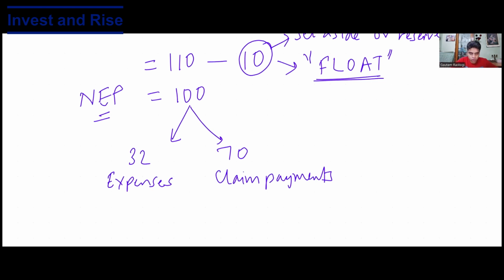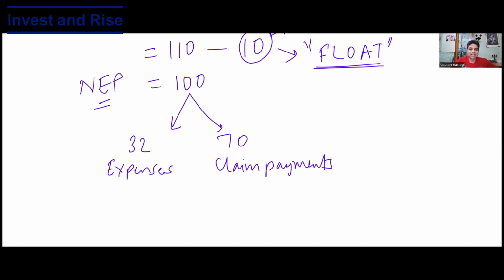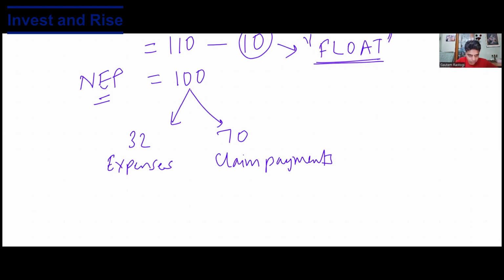So now they've paid 70 and 32 in the form of claim and expenses, so they end up making a loss. This underwriting profit or loss is -2, right? 70 plus 32 is 102, but they only had 100.